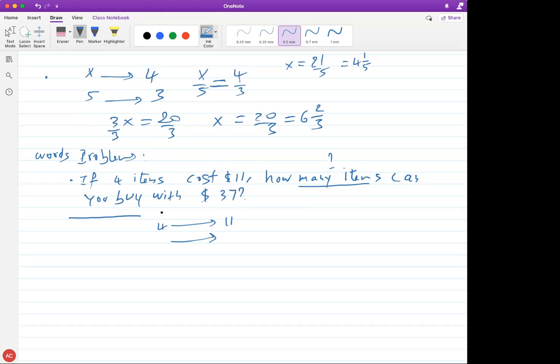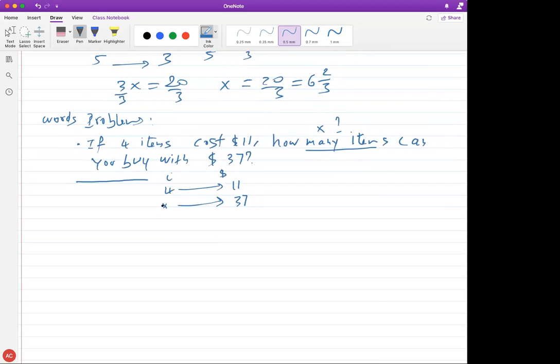So this side here is for items. X would be the first part, and 37 would be the next part. That's right. So we have items to money. For the second ratio, we do know the money, so it should go under the money here, so 37. And the x, that's what we're missing, the number of items. X should go here. Okay, so that's almost done.